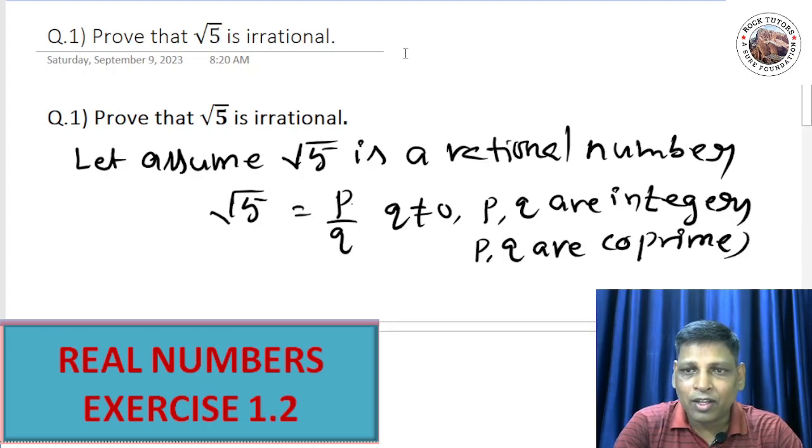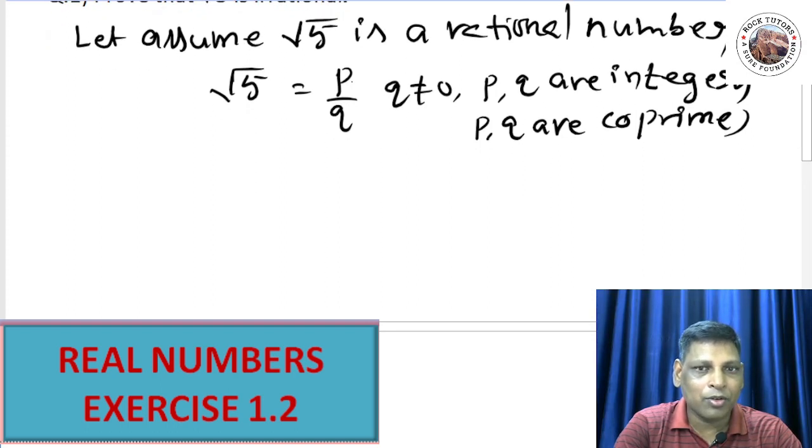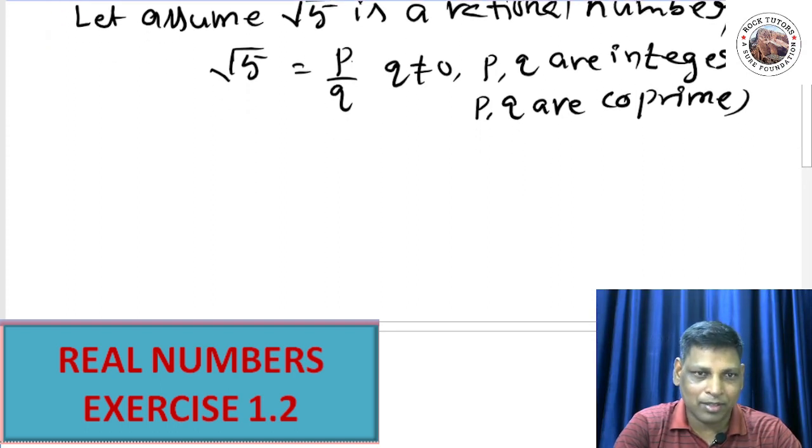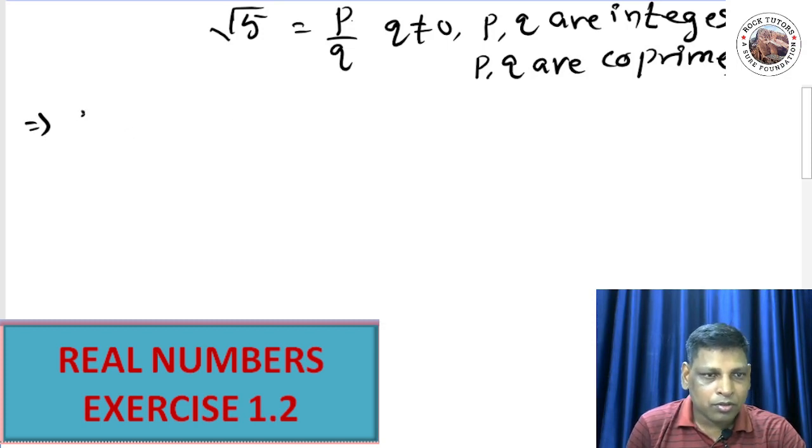Co-prime means their highest common factor is only 1. So here p and q don't have any common factor other than 1. That's the meaning. So I can write this as q root 5 is equal to p.